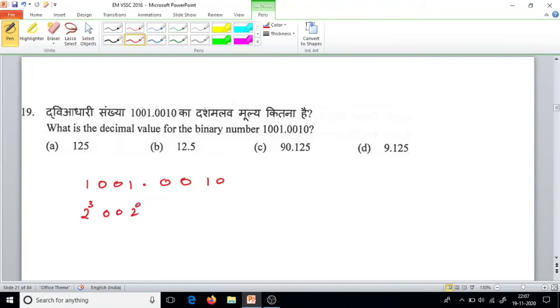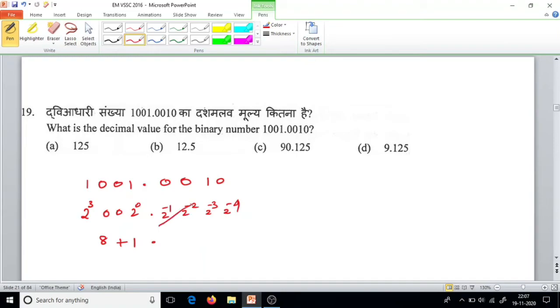This is 2 to the power 0. This is 2 to the power minus 1, 2 to the power minus 2, 2 to the power minus 3, 2 to the power minus 4. This all goes off. So what you will get is 8 plus 1, 9 point.